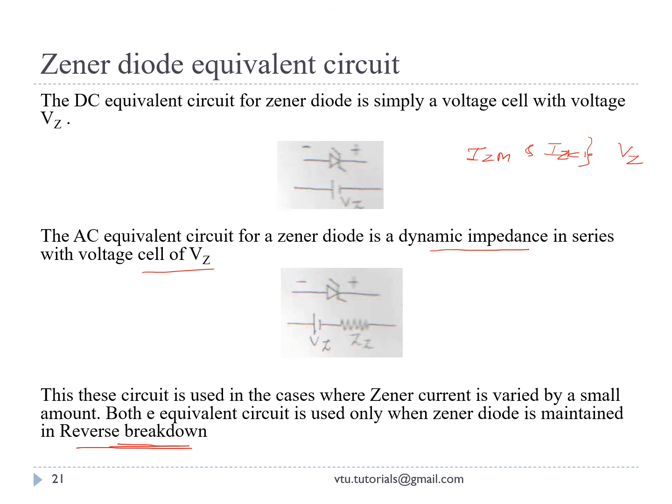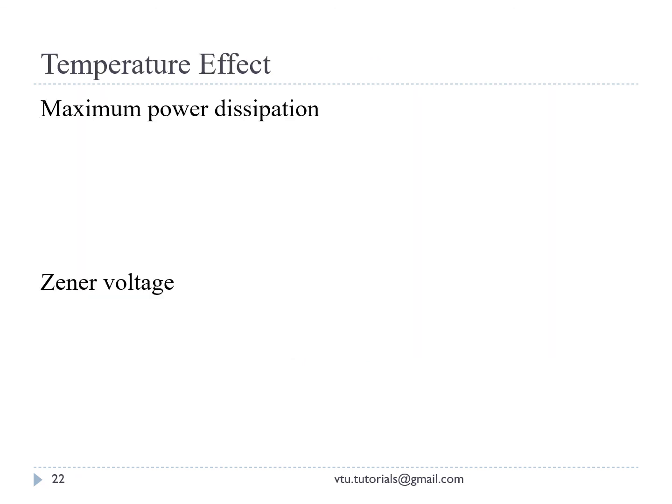Apart from that, with the change in temperature, parameters like power dissipation and Zener voltage are going to vary, right? When you say the maximum power dissipation, we know the equation PD is equal to Vz, the Zener breakdown voltage, into Izm, the maximum Zener current. So the variation of the temperature is going to vary the parameters.